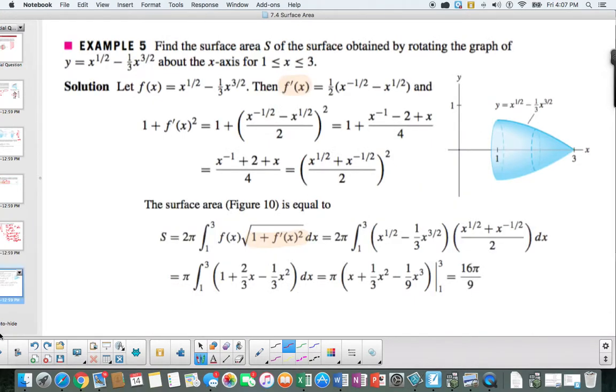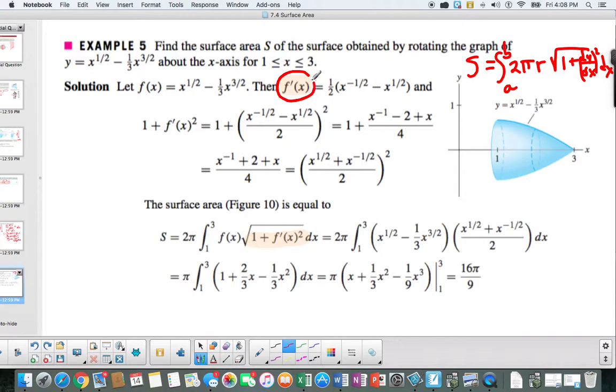Okay, here's another example of finding the surface area around this figure. Remember, the formula for surface area is going to be from a to b, 2 pi r, whatever r represents, our function, root 1 plus dy dx quantity squared dx. So the hard part is to find the derivative.